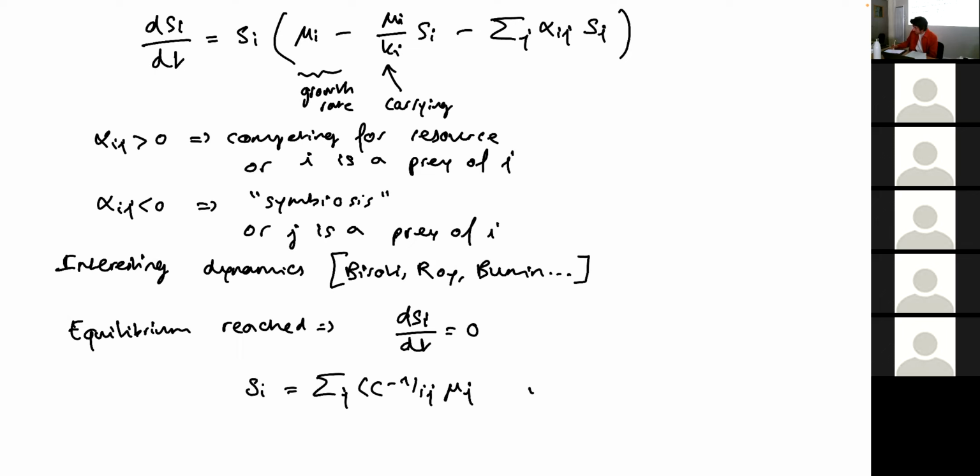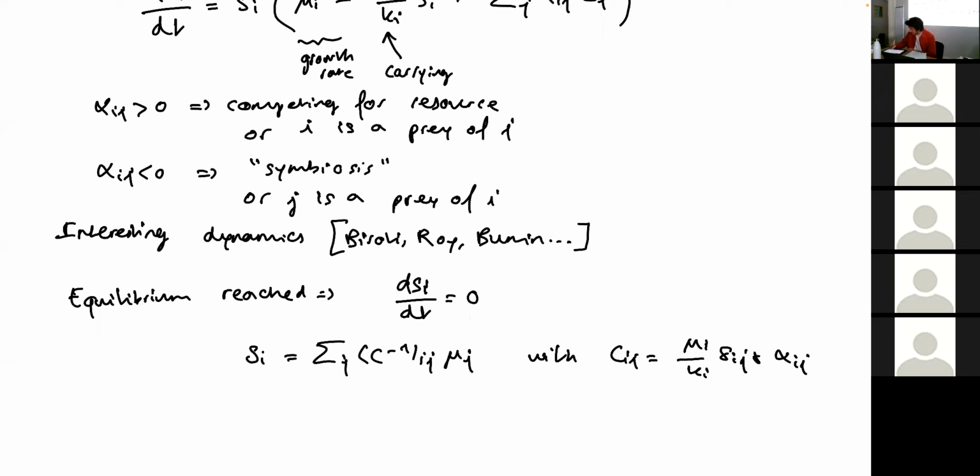And so here, C_ij is basically going to be the first term, relating to the self-regulation on the diagonal, plus alpha_ij, your interaction matrix. Okay, and so this is really the important bit.